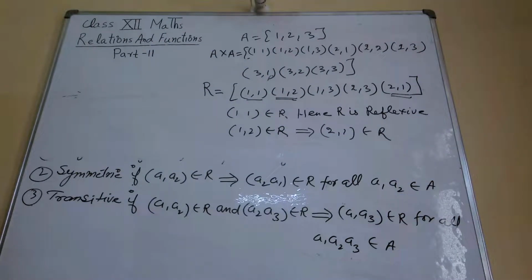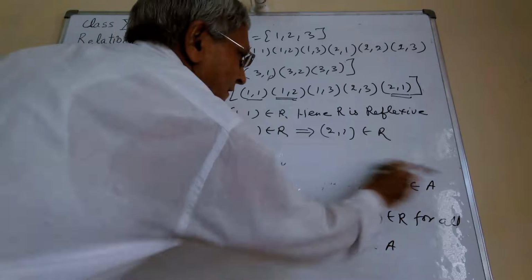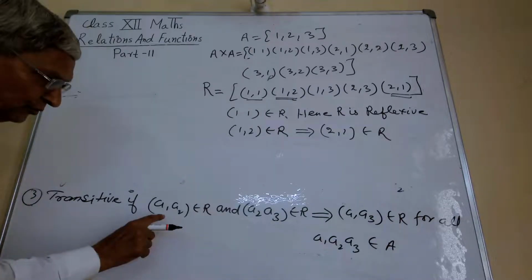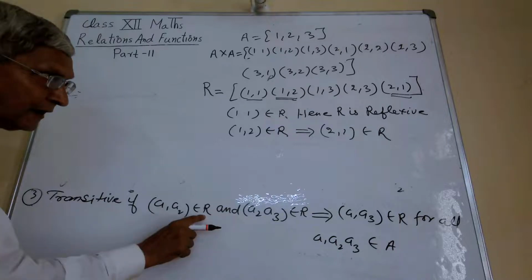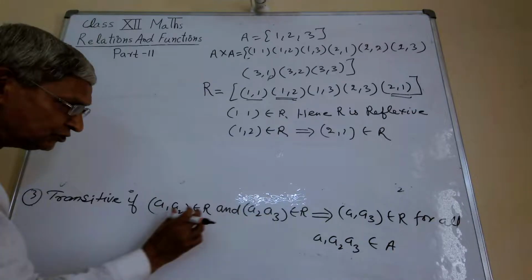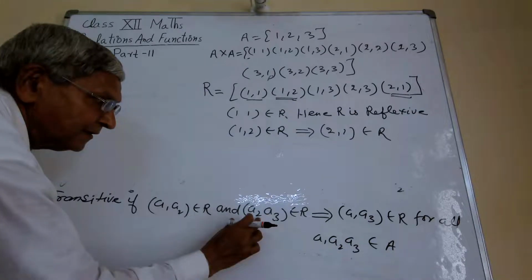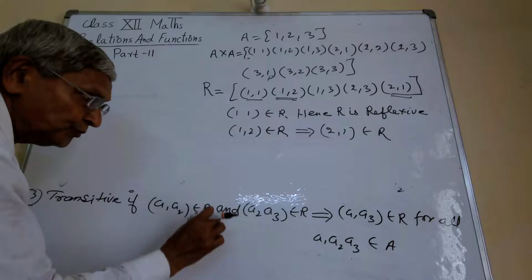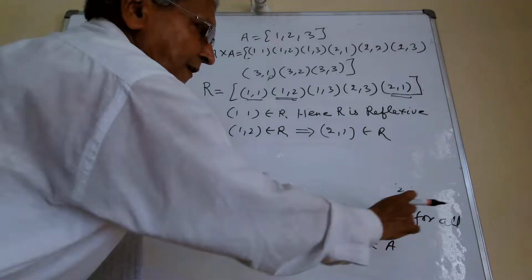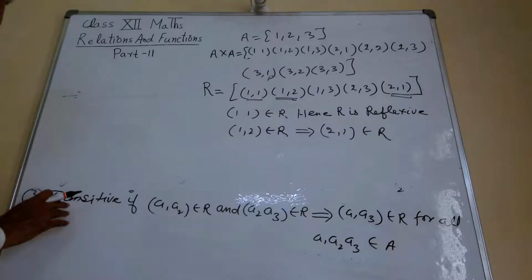Now third condition, transitive. In transitive, see here, (a1, a2) belongs to R, (a2, a3) belongs to R. These two pairs belong to R. If these two pairs belong to R, then (a1, a3) also belongs to R. Then this relation will be transitive.